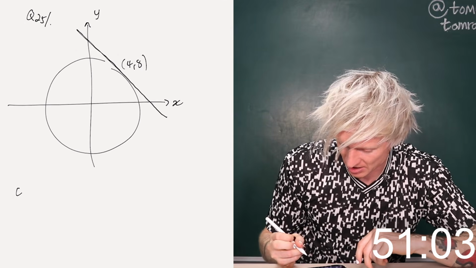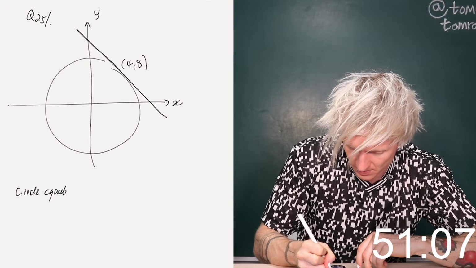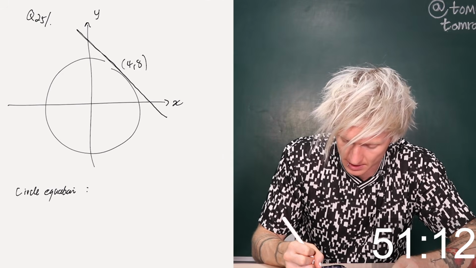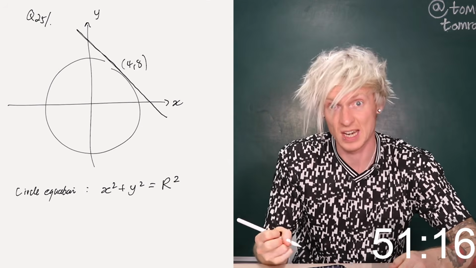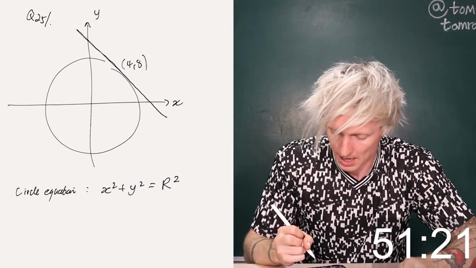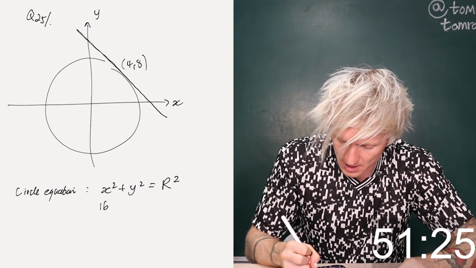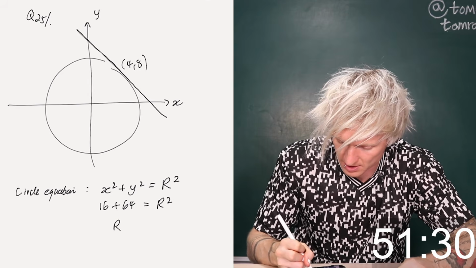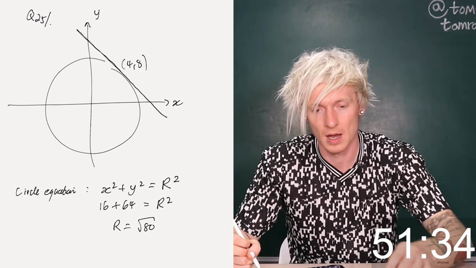So the circle, therefore, has equation x squared plus y squared equals, let's call it capital R, the radius squared. Right, so I know that (4, 8) lies on the circle. I'm hoping this will help, it might not. So we know that x is equal to 4, so we know that 16 plus 64 equals r squared. So we know that the radius is therefore the square root of 80. Don't know if that helps.